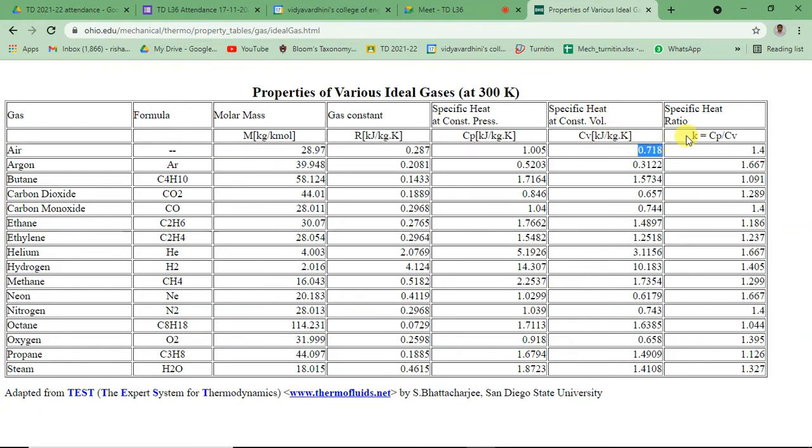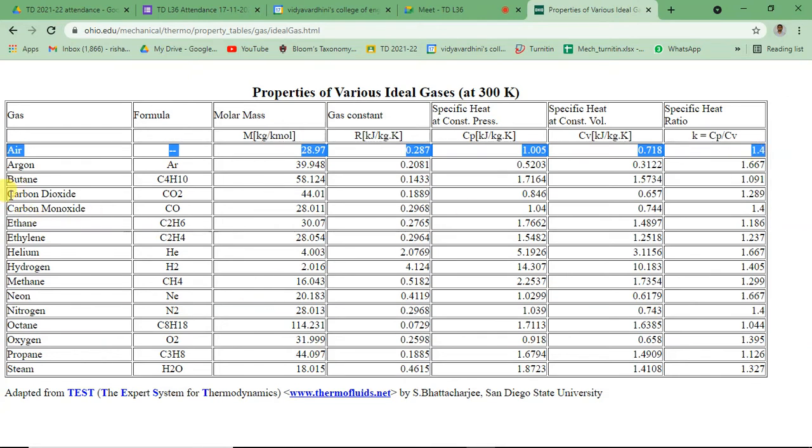And here gamma is not written. Instead of writing gamma, they have taken K. In many textbooks or many places you will find specific heat ratio is taken as K instead of gamma. It is basically Cp by Cv, and that value is 1.4. So for air, which is diatomic, this gamma is 1.4.